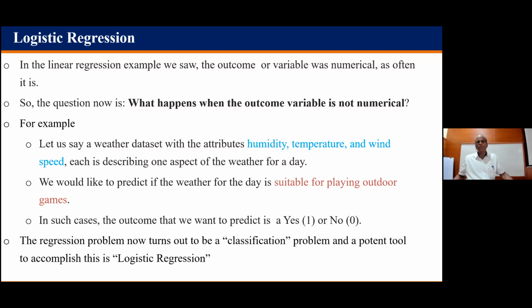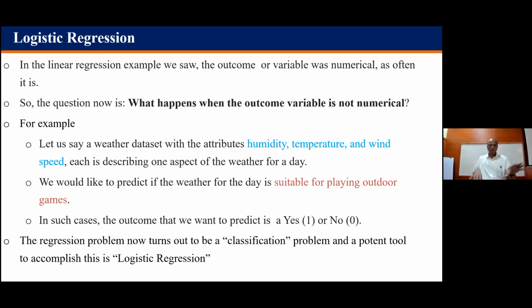But based on a combination of these, somebody will play an outdoor sport, somebody will not play. So we are looking at a survey of many people. What final decision will they take, whether they'll play or not play? This is just a contrived example so that we understand what's going on. In such cases, the outcome that we want to predict is a yes, 1, or a no, 0.